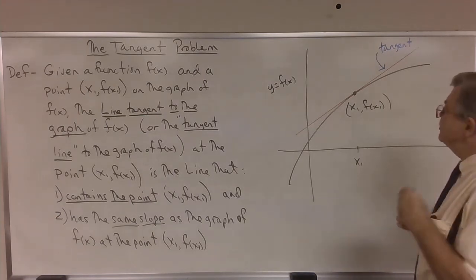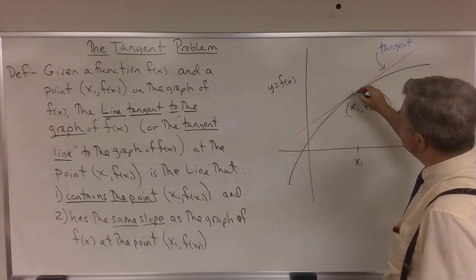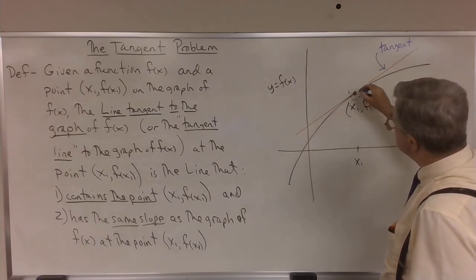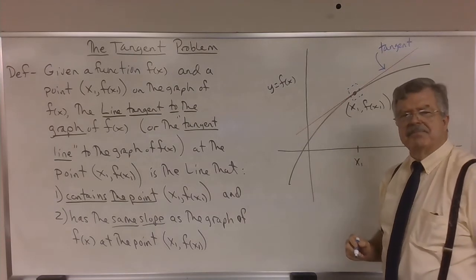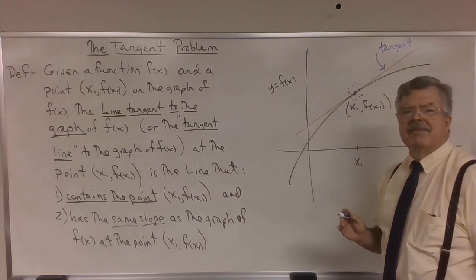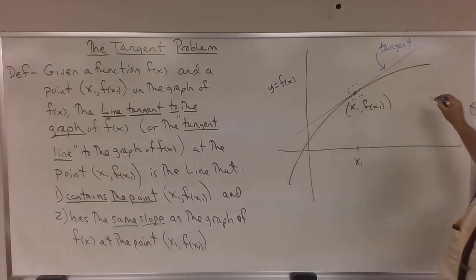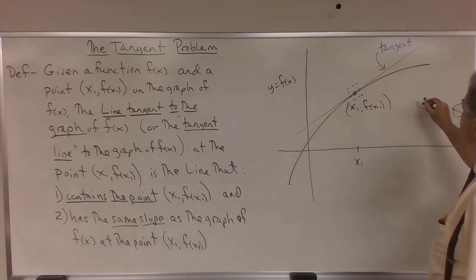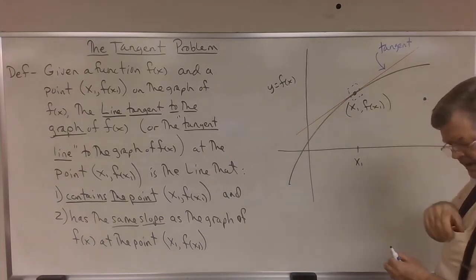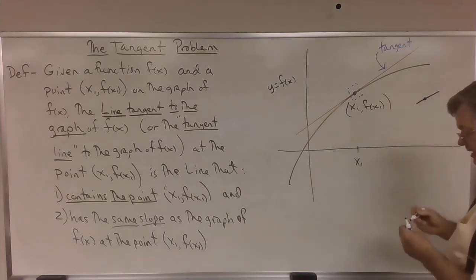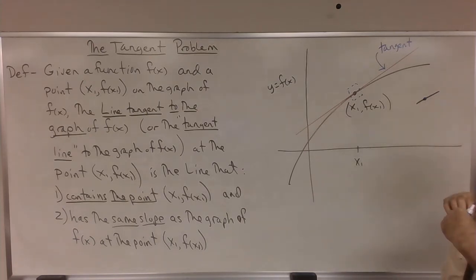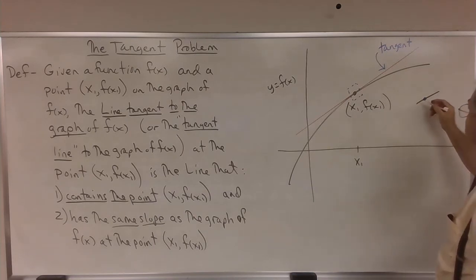If we took this little region right here and zoomed in on it, magnified it about 20 times, this is pretty much what we'd see. We'd see the graph of f of x, and then we'd see the tangent line.